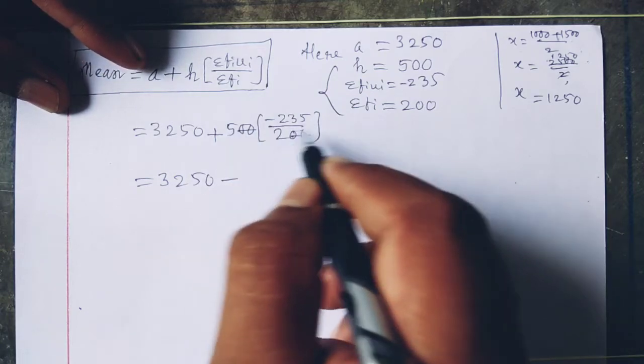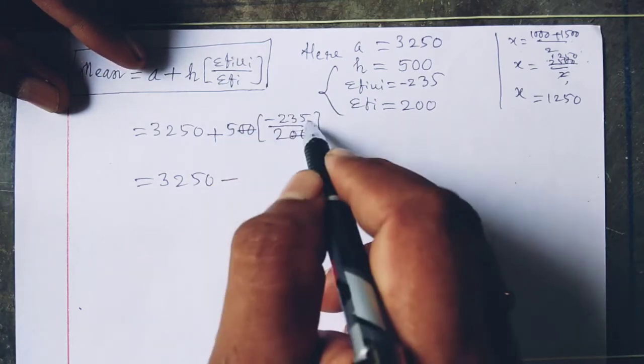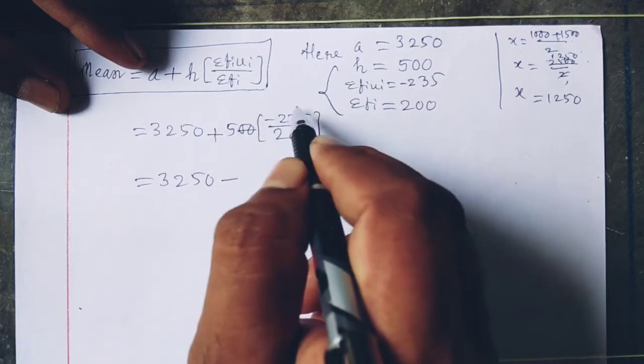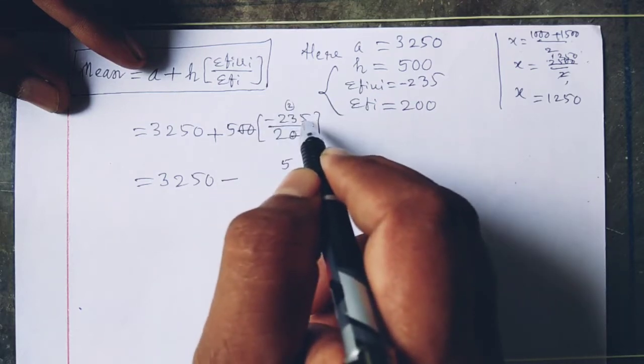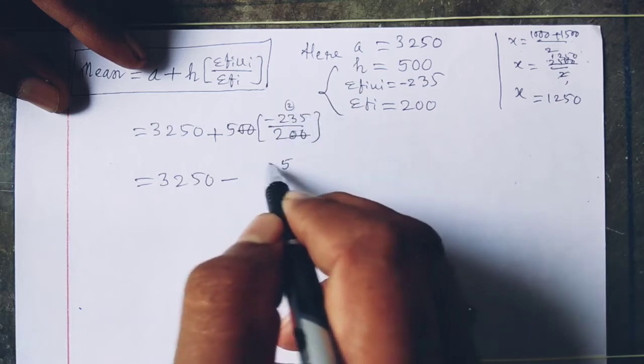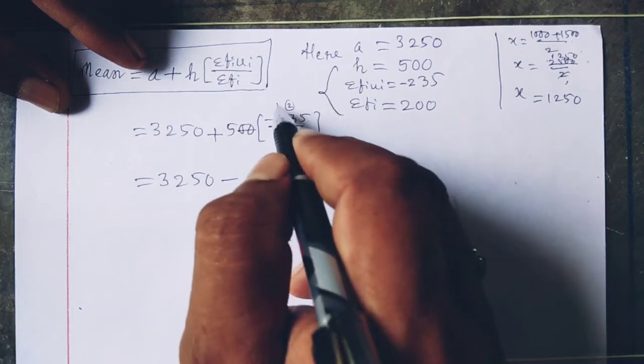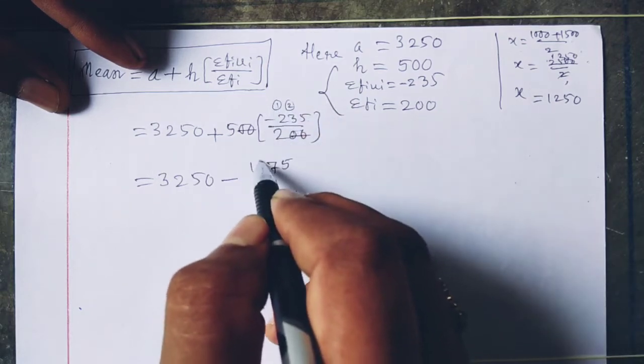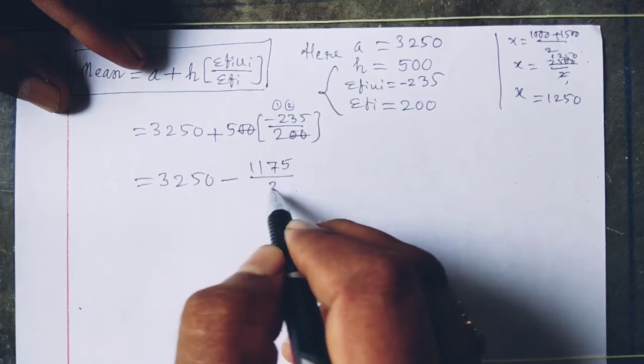First we have to multiply: 5 fives are 25, 5 threes are 15, 5 twos are 10, giving 1175 by 2.